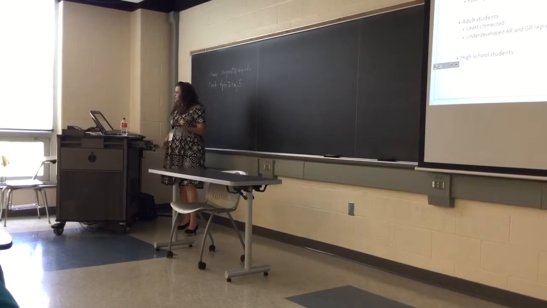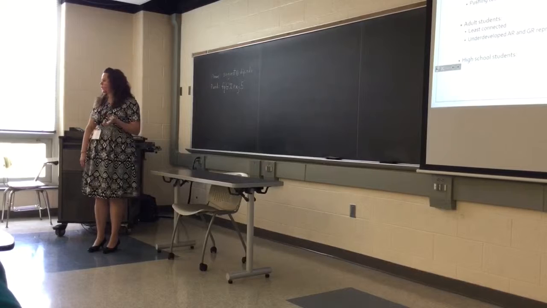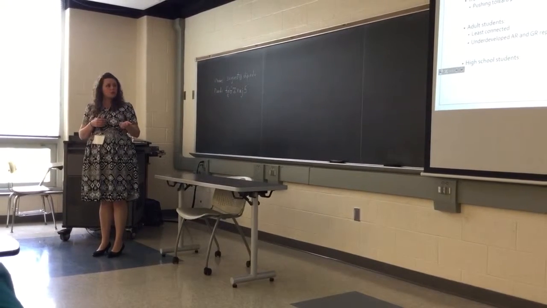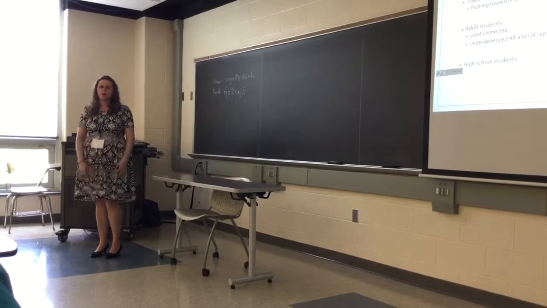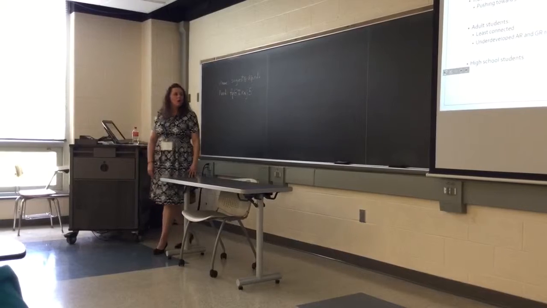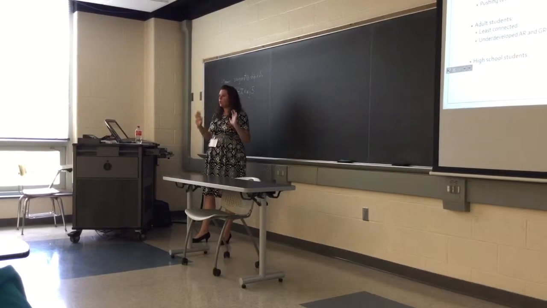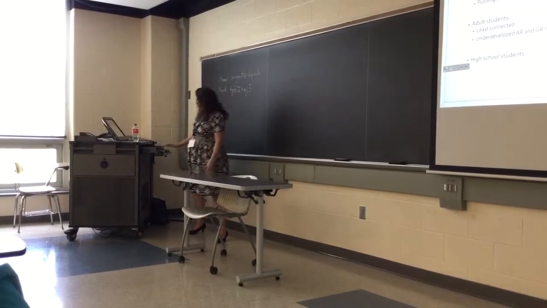The adult students definitely struggled. Their explanations were far less rich than those of their traditional peers. We might expect that, right? It's been a little longer since they have had to access that knowledge. But the good news is my adult students did show evidence of both ratio representations coming in.